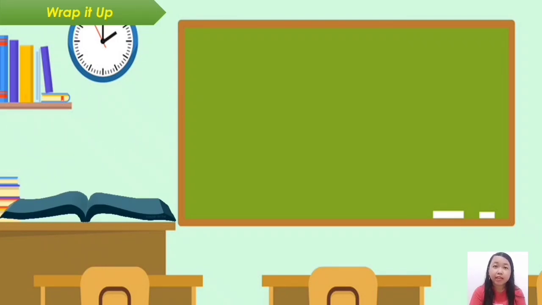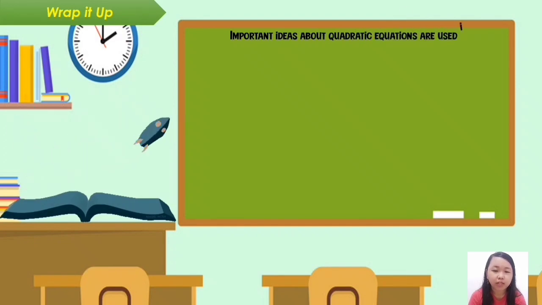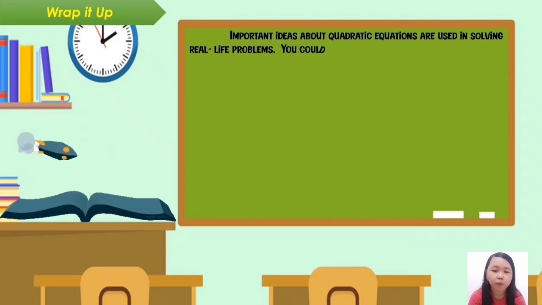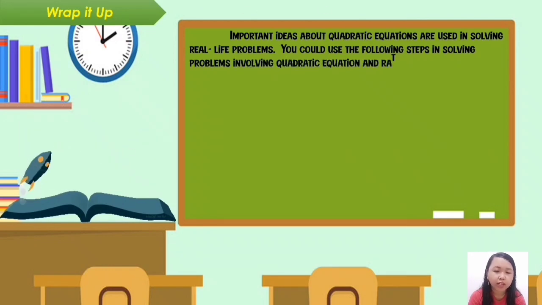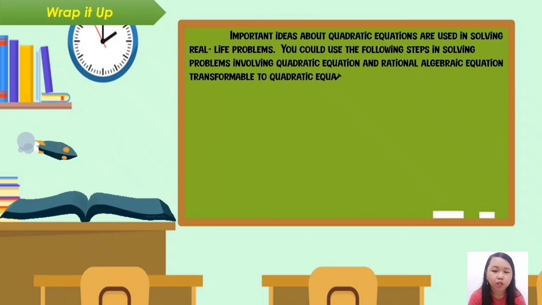Now, let's proceed to our generalization. So, let's wrap it up. Important ideas about quadratic equations are used in solving real-life problems. You could use the following steps in solving problems involving quadratic equations and rational algebraic equations transformable to quadratic equations.